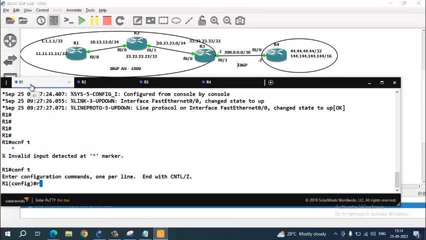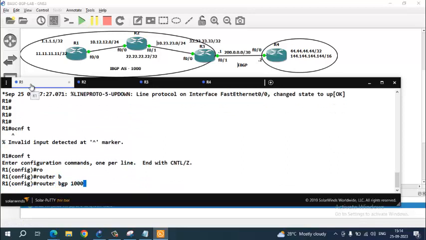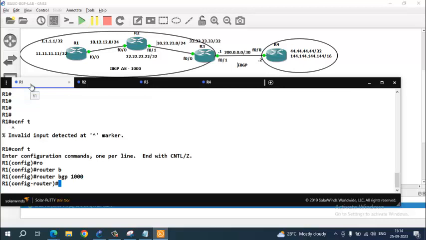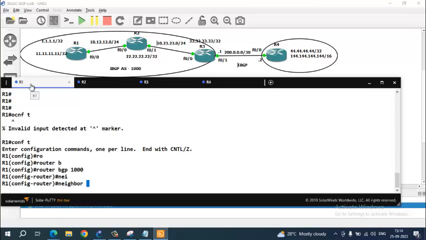When I say router BGP 1000, this router understands that I belong to autonomous system 1000. Next, you have a neighbor; neighbors need to be manually configured. A neighbor need not be directly connected. Is R1 connected directly to R3?